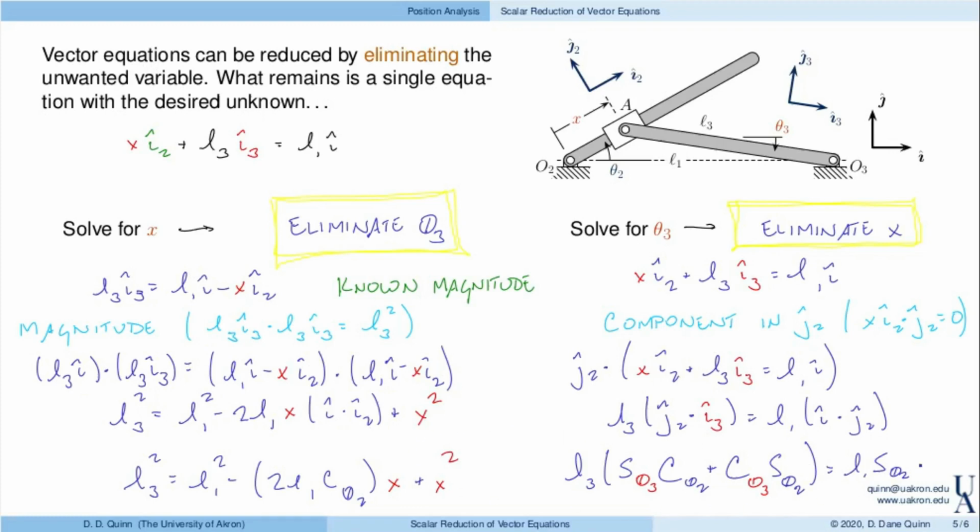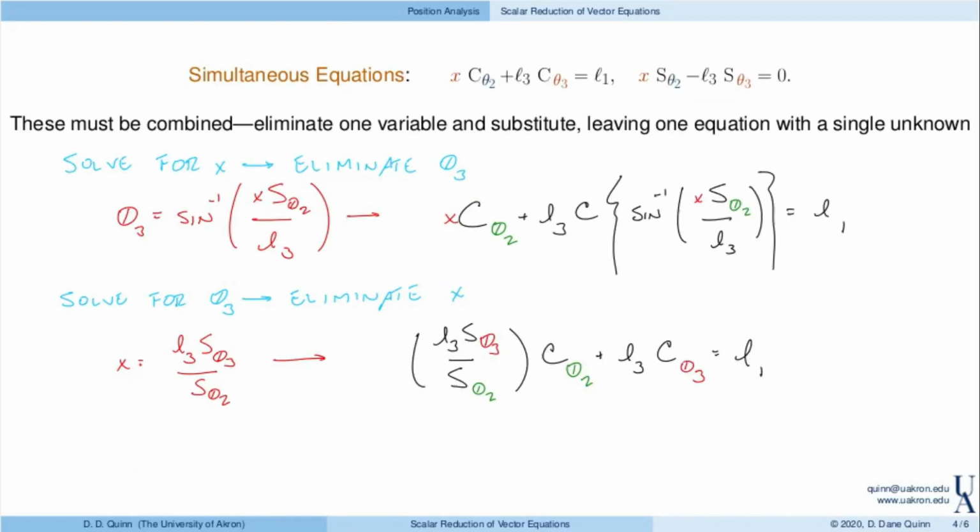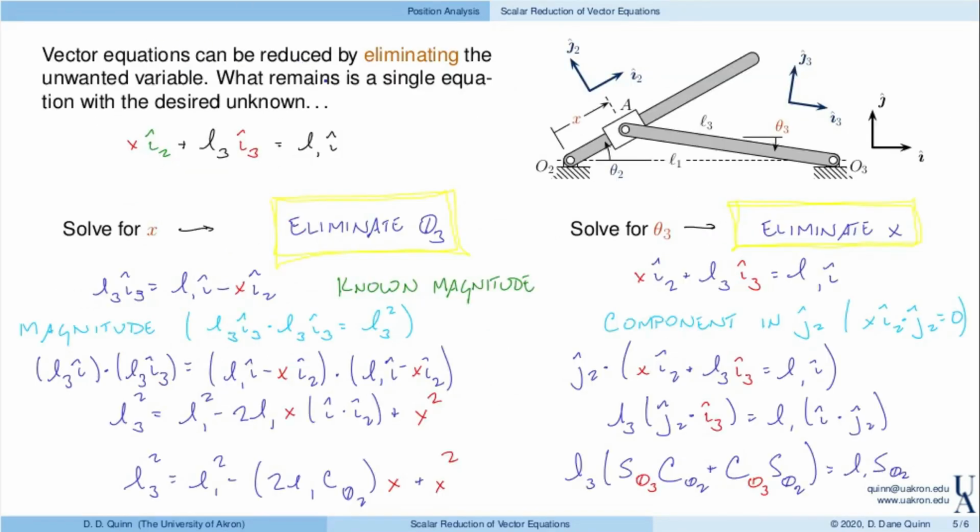So this becomes our single equation on theta 3. And in fact, it's exactly the same as we got here. So this idea of working with the vector equations directly can really simplify the algebra that's involved.